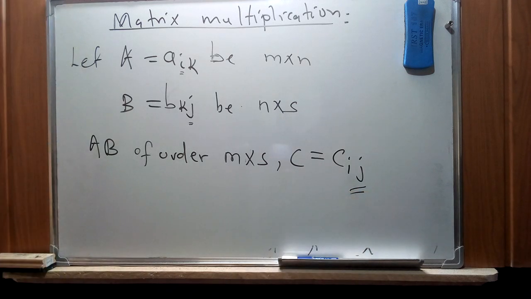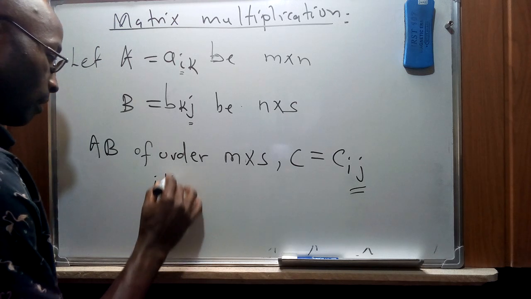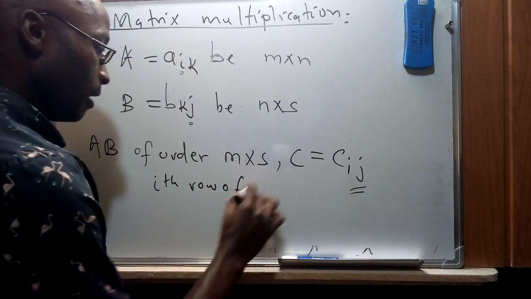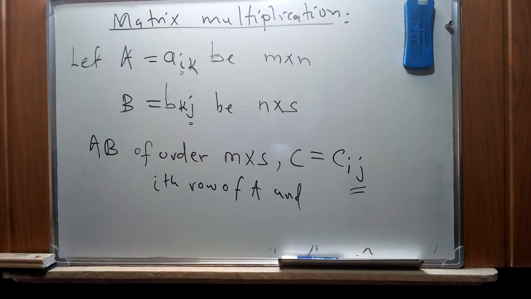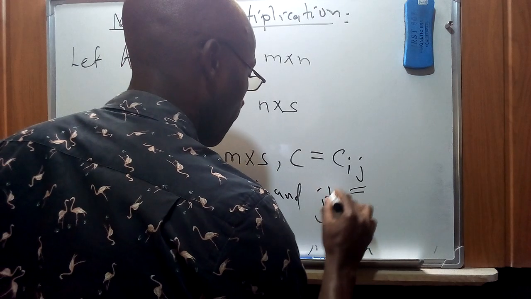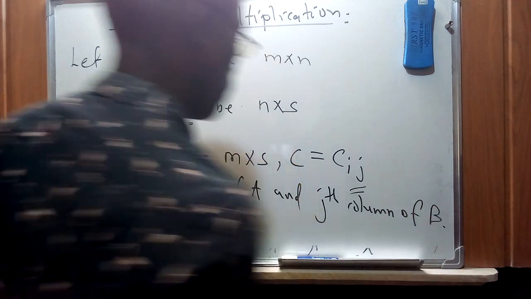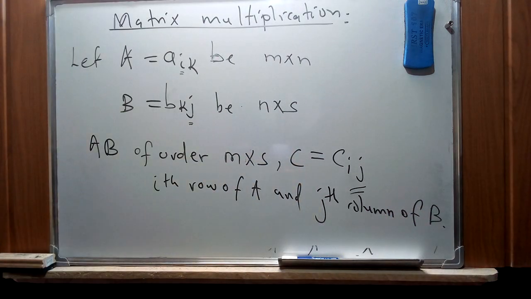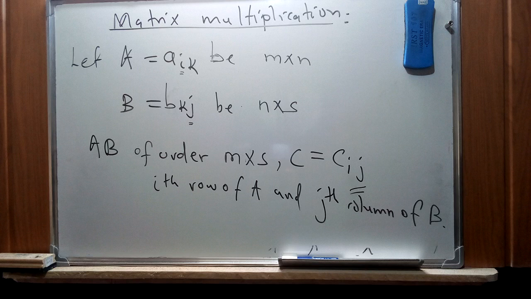Cij is what we call the dot product of the ith row of A and the jth column of B. Remember we talked about the representation of rows and columns for i and j respectively. This is just trying to express the dot product that we find.